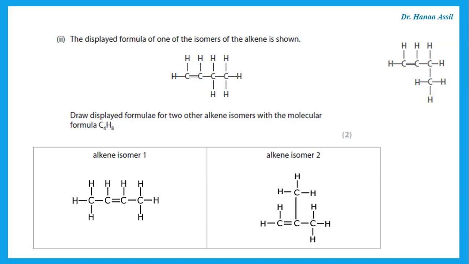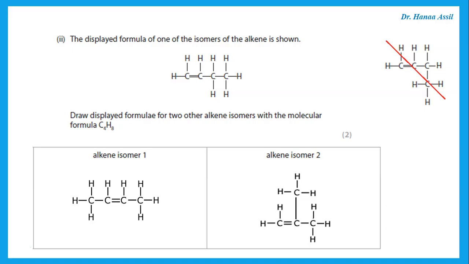If you draw that as an isomer, that's wrong, because what is drawn there is exactly the same as that original one. So you don't just take the carbon and put it down at the end. It has to be in the middle of the chain.